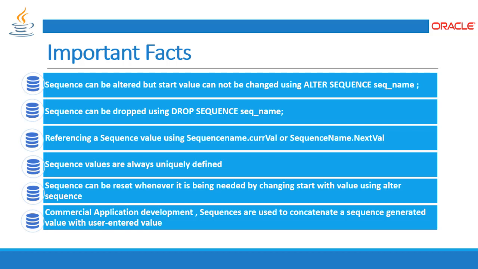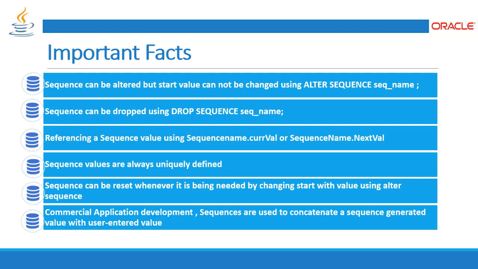Referencing a sequence value using sequence name.currval or sequence name.nextval. That's what we saw in inserting the values in the table using sequence. Sequence values are always uniquely defined since it is incremented by every transaction. And once you create a sequence, you can use it in other tables, any table.